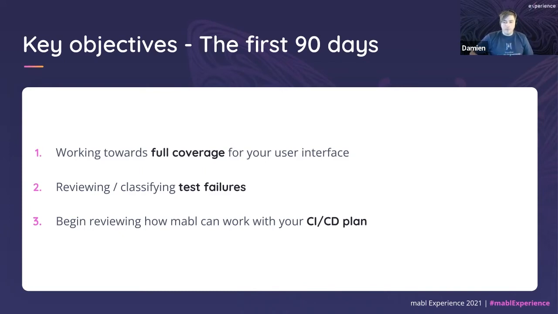Having multiple departments working together in a workspace to test a product requires coordination and collaboration. Your first 30 to 60 days are going to be spent learning the product and building out a foundation of basic functionality within mabl.